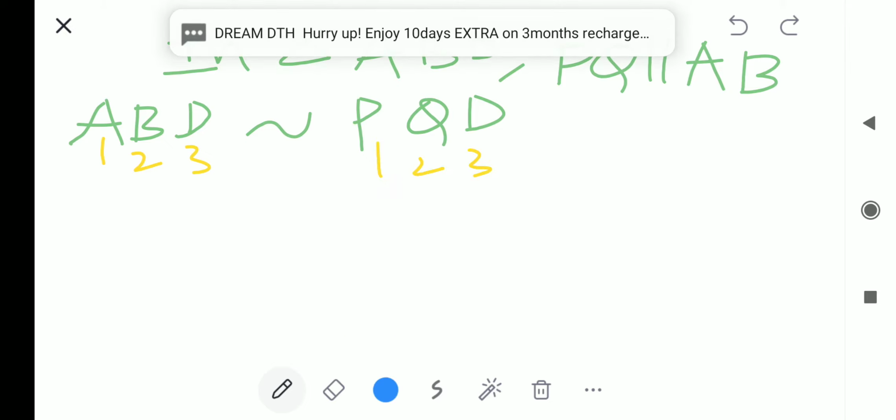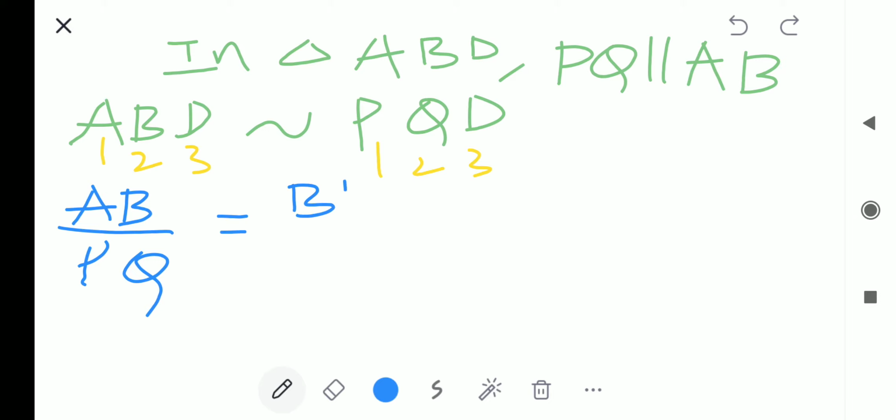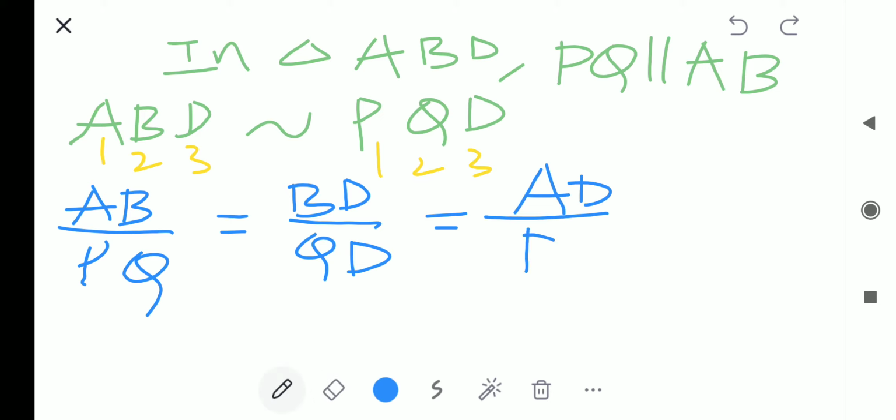If you want the corresponding sides ratio, please take the serial numbers. First let me take 1, 2: I get AB by PQ is equal to, taking 2, 3, BD by QD, and taking 1, 3, AD by PD.